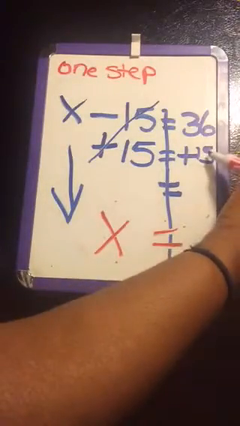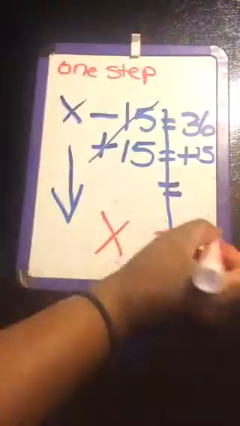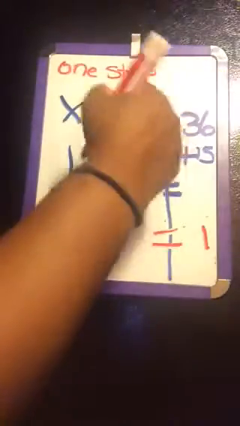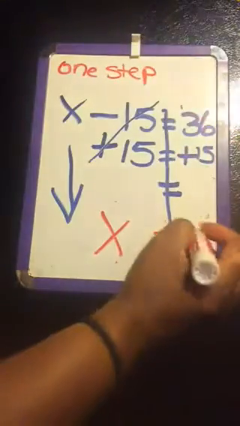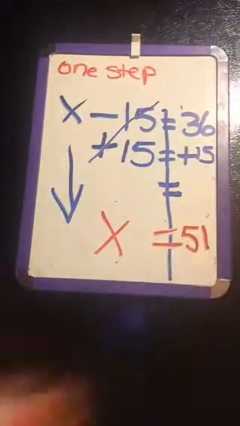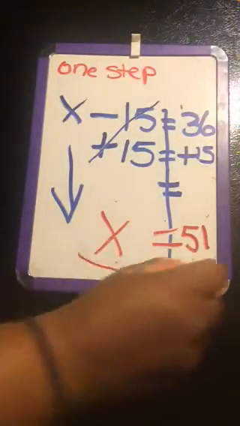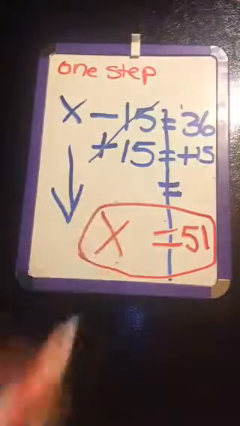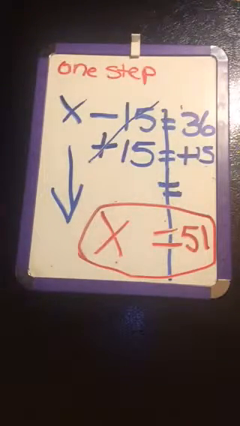So 6 plus 5 is 11. But we carry the 1 up here. So 3, 4, and 5. So x equals 51. And that's it right there.